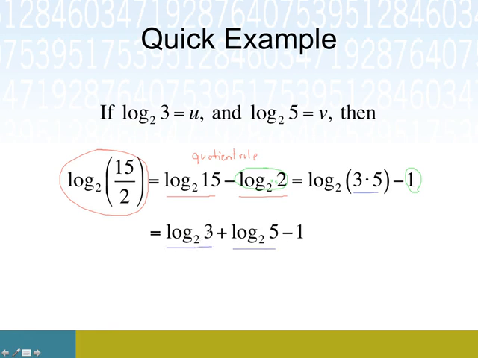So the log of the first quantity plus the log of the other. And then finally we have things that look like u and v respectively. Log base 2 of 3 is what we were calling u. Log base 2 of 5 is what we were calling v. So this is sometimes referred to as expanding this logarithm, sort of breaking it out into these component pieces like the two we were given.